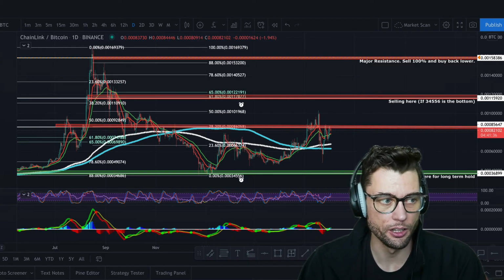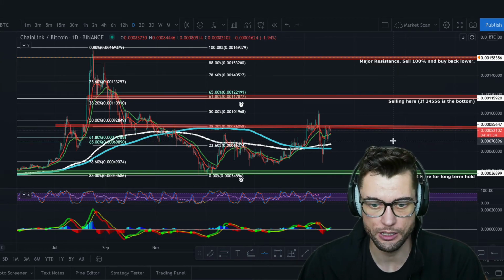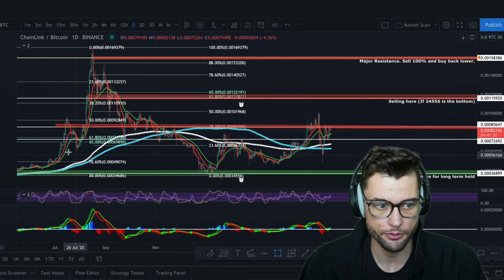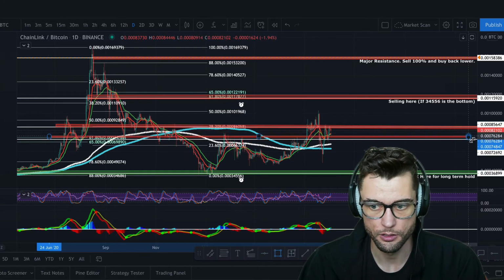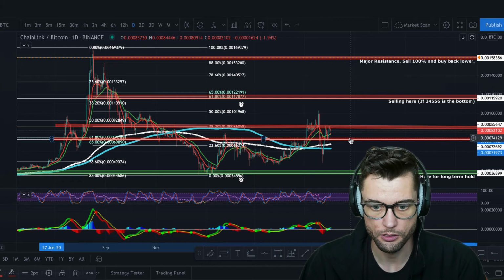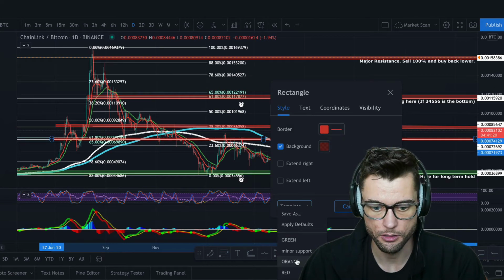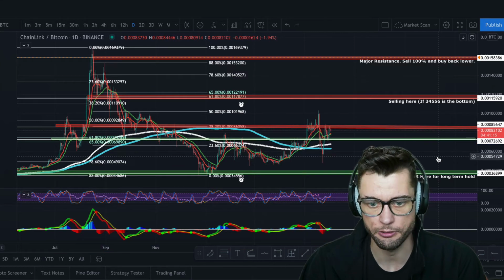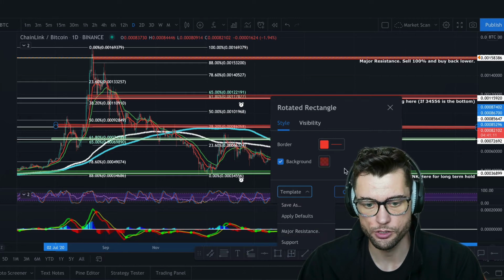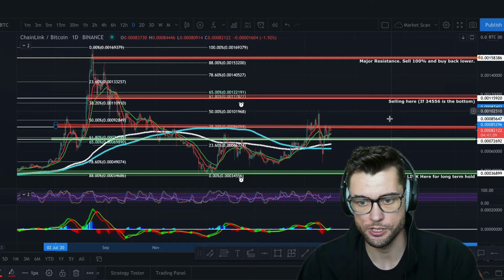Because on the lower time frame, even being conservative, this is what the conservative looks like. Wait, I have minor support, light green, and orange for the, what is this, rotated rectangle?